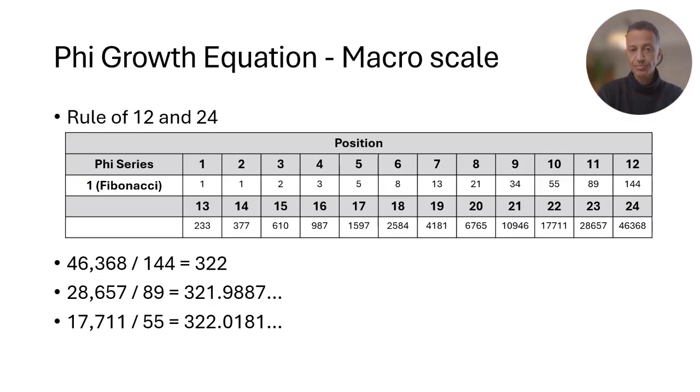So if we held that as a constant on the right-hand side, what could we do to the left-hand side of these equations to make it equal 322? When we divide 28,657 by 89, what could we add to that in some capacity to equal 322?